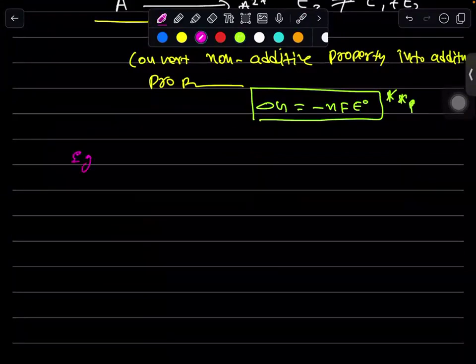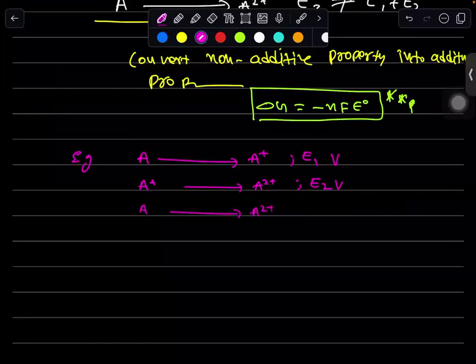First, A becoming A+, and the potential is given as E1 volt. A+ going to A2+, the potential given is E2 volt, and they are asking for A going to A2+, the E3 value.